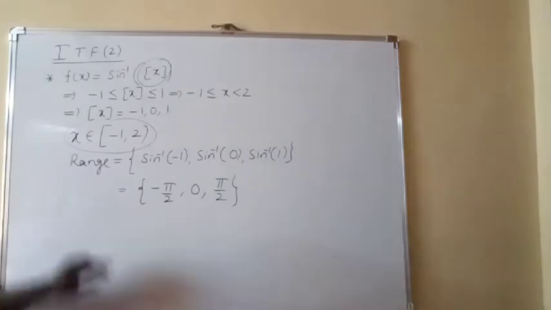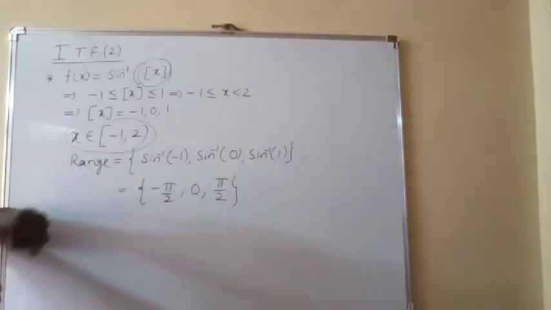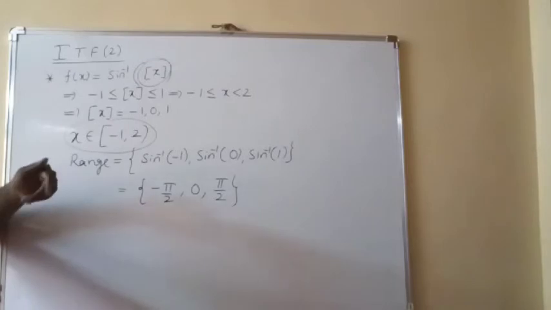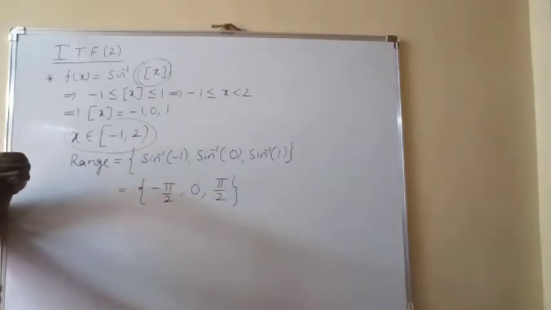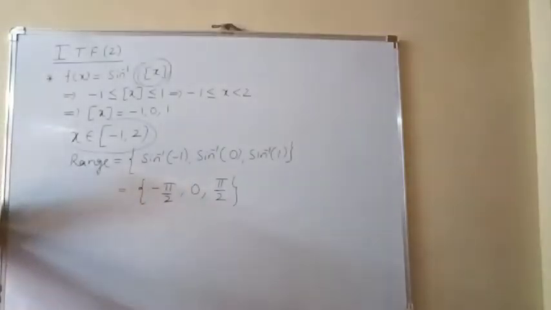Because this interval you can split like this: minus 1 to 0. For minus 1 to 0, step x value is minus 1, so sine inverse of step x becomes sine inverse of minus 1. That means if x takes minus 1 to 0, all those elements map to sine inverse of minus 1. If x takes 0 to 1, step x value is 0, so sine inverse of step x is sine inverse 0.